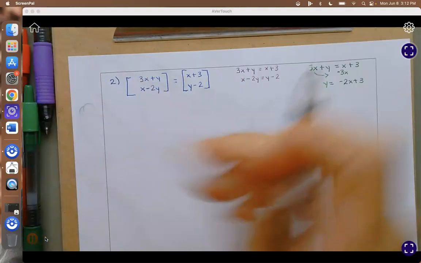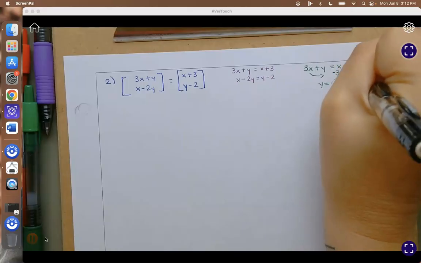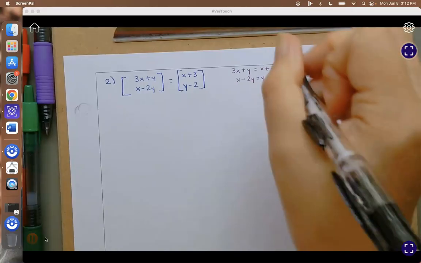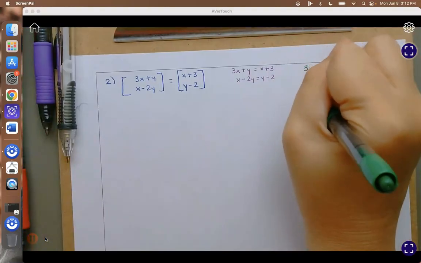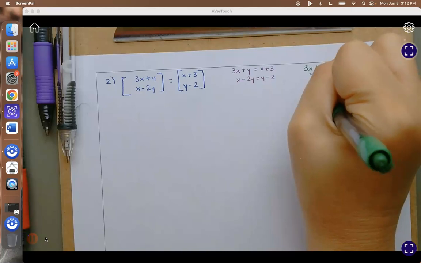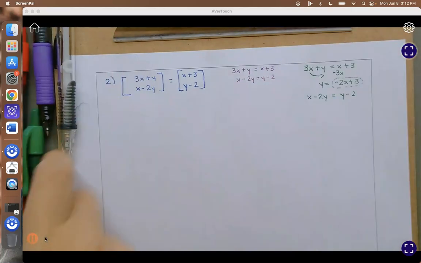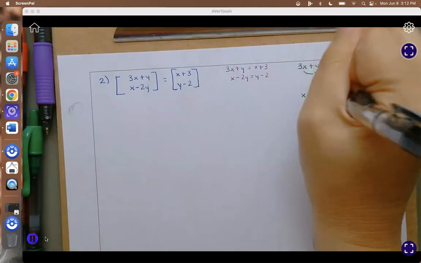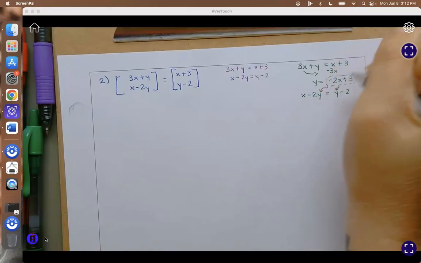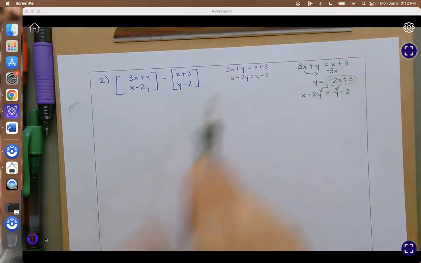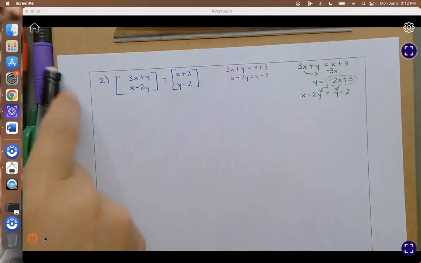And I'm going to circle that with a pencil like I did just a minute ago. And we're going to plug that into x minus 2y equals y minus 2. Now pay attention here because it goes in for y, so we have to plug it in here and here. Okay, so we get one of the letters by itself, then we plug it into the other equation for that letter.